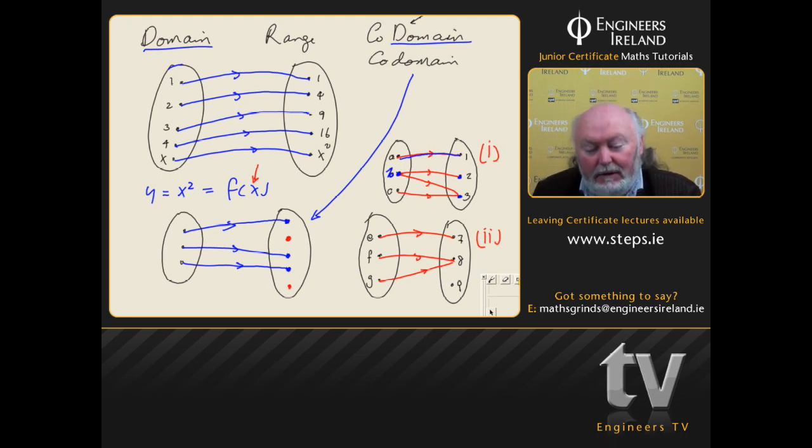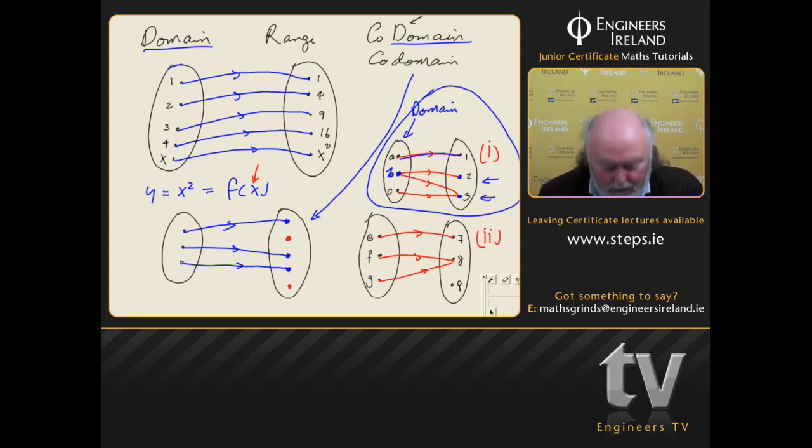So if something in the domain can get mapped to more than one thing over here, what this drawing is talking about is not a function of the type that you guys are going to be dealing with, because each thing in the domain can only be mapped to one thing in the range or codomain. You cannot have the possibility that you'll get two answers out of this. So, not a function.